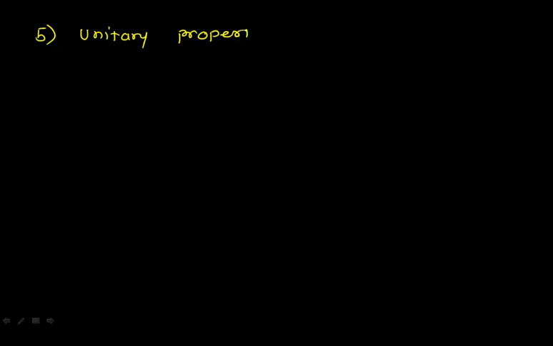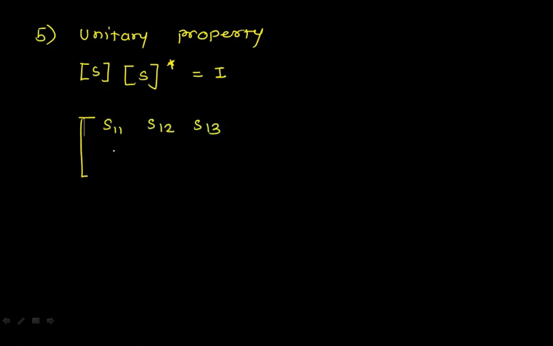So this unitary property tells me the scattering matrix and the complex conjugate of that particular scattering matrix result in the identity matrix. So I'll first write my scattering matrix, which is S11, S12, S13, again S12, S22, as I have replaced it with S13, S13, minus S13 and a 0, and the complex conjugate of the same matrix.